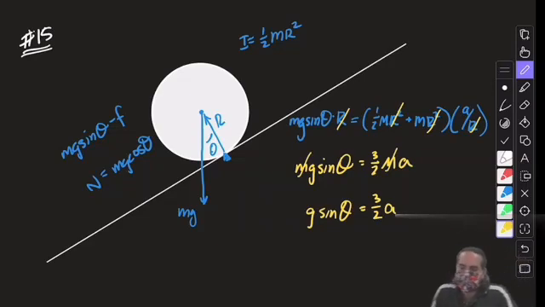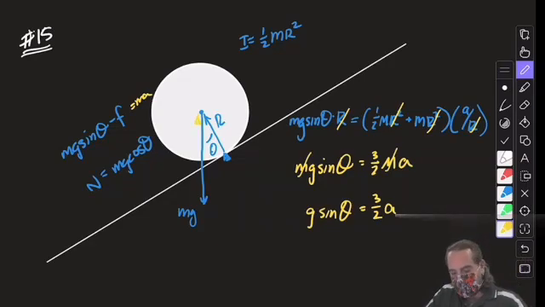Now you have a choice what you do next. To me, the choice is to recognize that the friction is still part of this problem, along with ma. We can solve for the friction about this point here like we did in class.